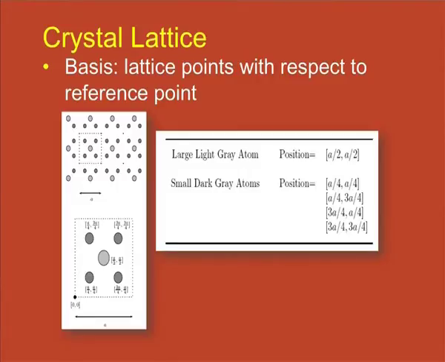The leftmost point is denoted as a/4, a/4, then the next one is denoted as 3a/4, a/4, then the next one is 3a/4, 3a/4, and the last one is a/4 and 3a/4. Now the central lattice point can be represented by a/2 and a/2.